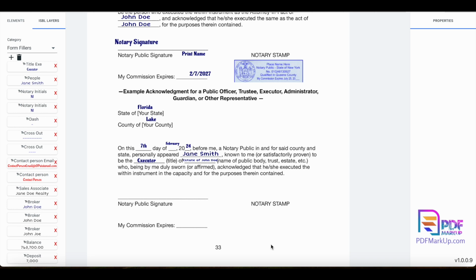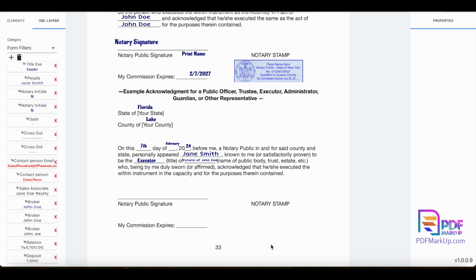Okay, these examples just demonstrate how specific details should be filled into a notarial acknowledgement depending on the context. For an attorney-in-fact, it is crucial to identify the individual acting under the power of attorney, the principal for whom they are acting, and acknowledge that the action taken is on behalf of the principal.